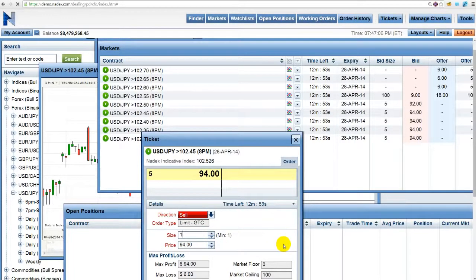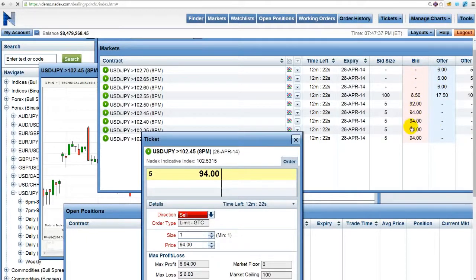I'd risk $6. Okay? So this is where it can sort of trip you up when you're looking at the sell side. When I buy, the price is my risk. Okay? $100 minus that is my max profit. When I sell, the price is my max profit. So it's inverted. Max loss on the buy side if I'm buying.